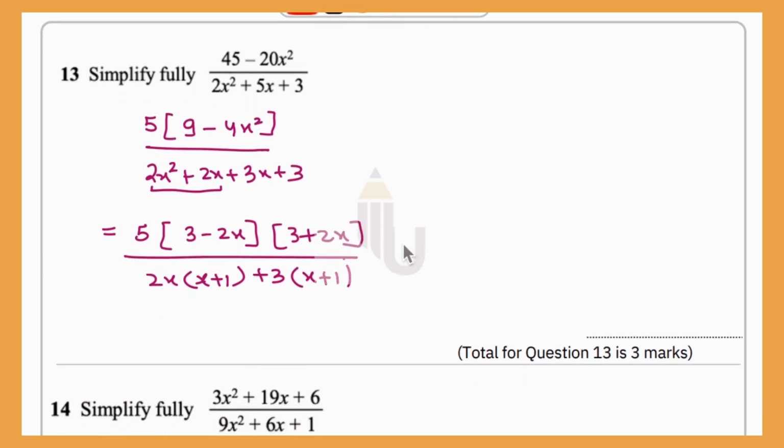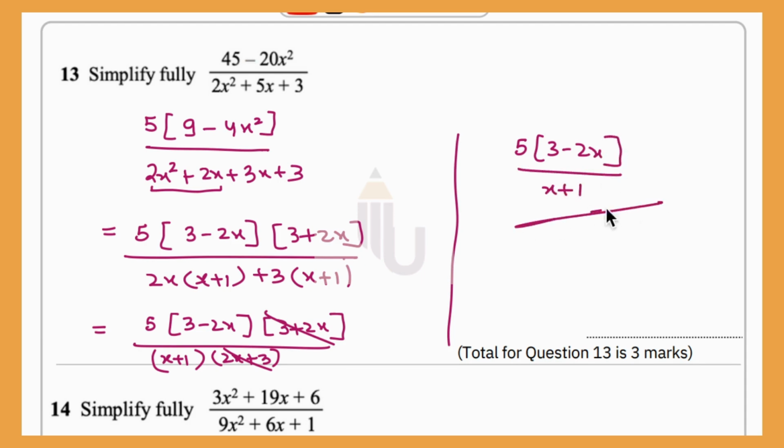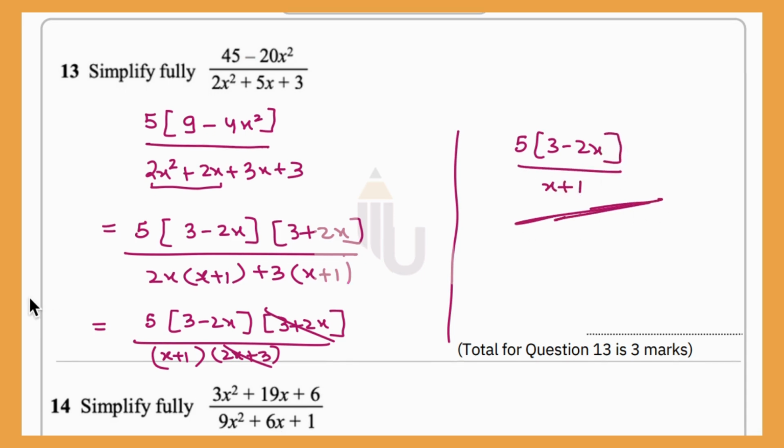Now I'll take x plus 1 common, so in the denominator x plus 1 is common, 2x plus 3 is left, and I have 5 times of 3 minus 2x and 3 plus 2x. 2x plus 3 and 3 plus 2x, they are same, so we can take them together, and we will be left with 5 times 3 minus 2x over x plus 1. That can be the final answer. Next.